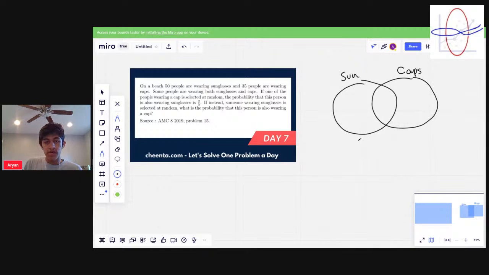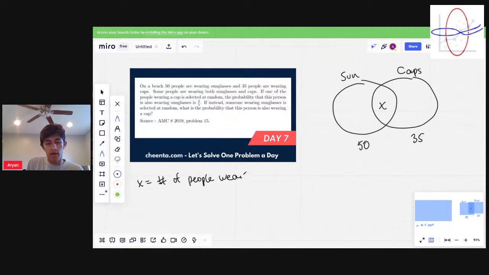So the total is 50 people wearing sunglasses and 35 wearing caps. And they say some people are wearing both. So if we let X be the number of people that are wearing both sunglasses and caps, right? So if we write this down, X equals number of people wearing both.